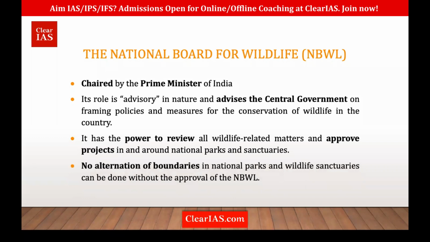And when the state has already created a wildlife sanctuary or a national park, the boundaries could be altered only with the approval of the National Board for Wildlife. So remember, it is chaired by the Prime Minister, and it gives approval to whatever projects happen in the national parks and wildlife sanctuaries. You cannot alter the boundaries unless there is an approval from the National Board for Wildlife.